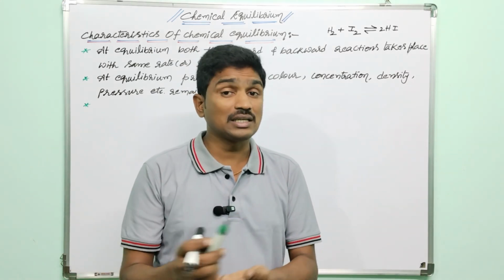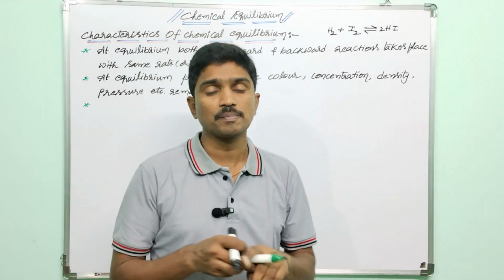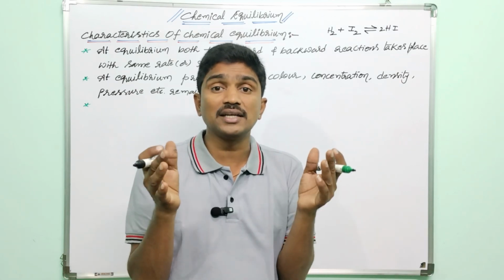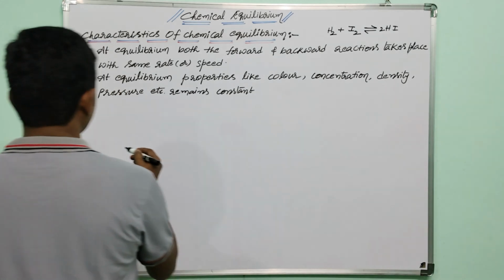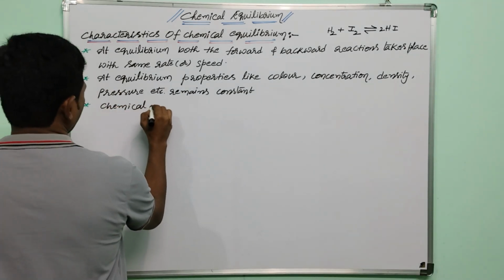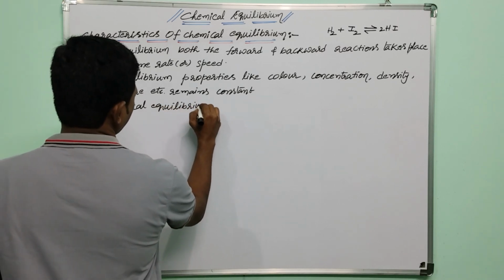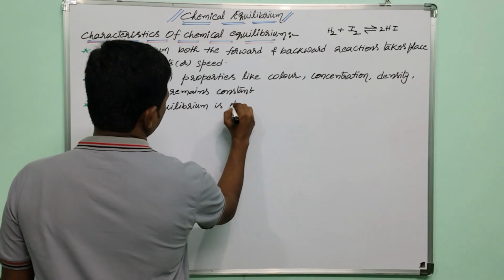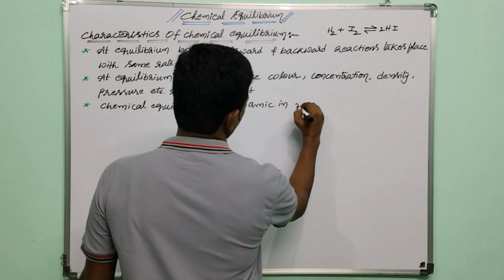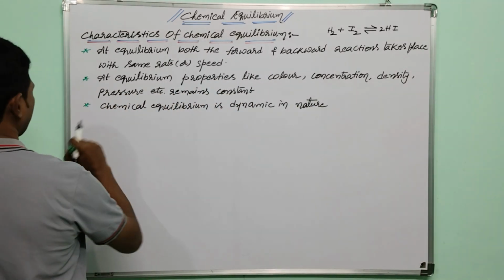It means the reaction never stops, but continues to take place with the same speed. That's why the equilibrium is said to be dynamic in nature. So we can say chemical equilibrium is dynamic in nature.